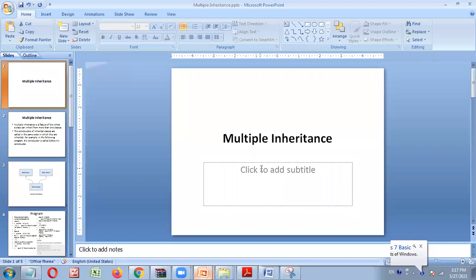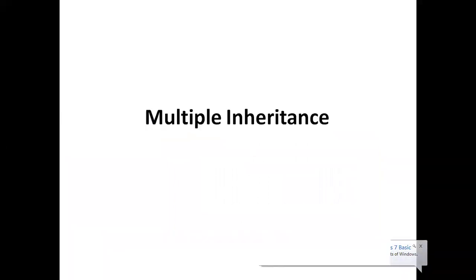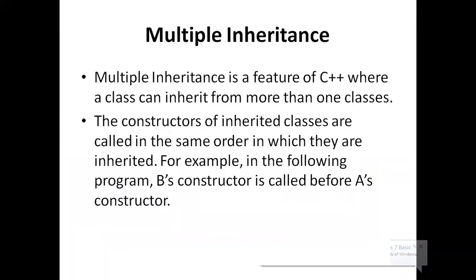Let's start. Now this is our PPT. Now, multiple inheritance. First, the definition. Multiple inheritance is a feature of C++. A class can inherit from more than one class. That means a class can contain the attributes of more than one class.